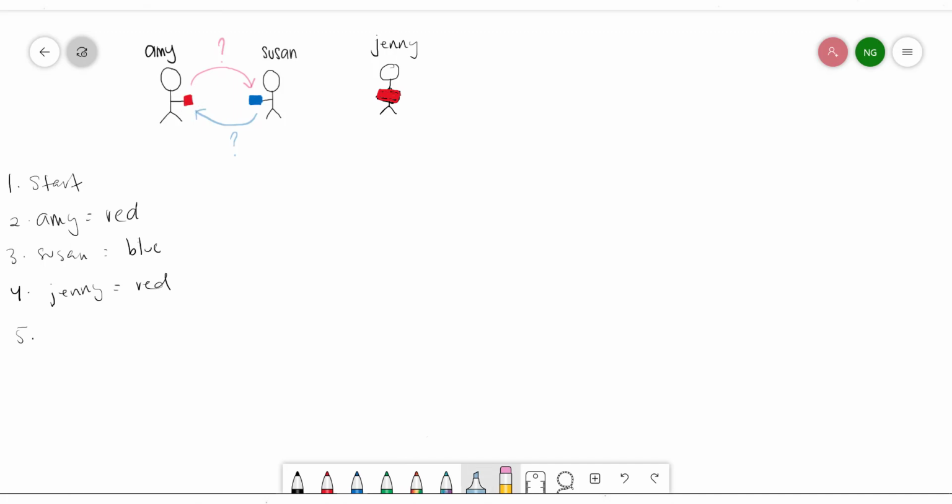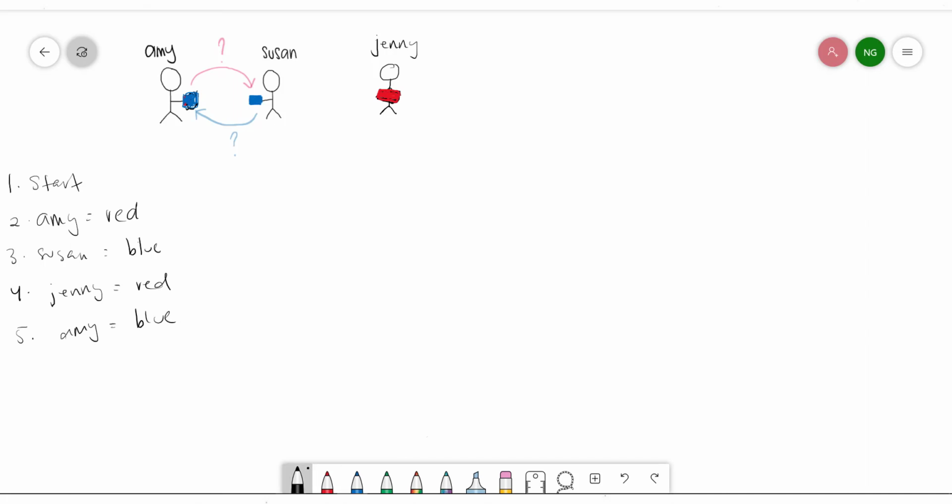So what we can do is give the blue box to Amy since she doesn't have any boxes in hand. So this blue box can now be given to Amy. Right now Amy is holding a blue box.